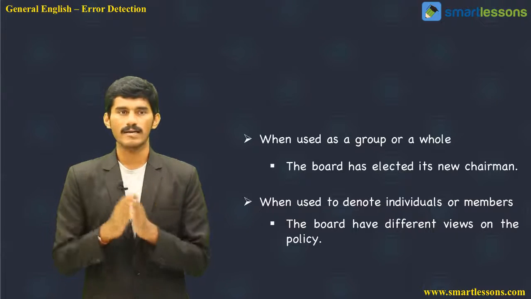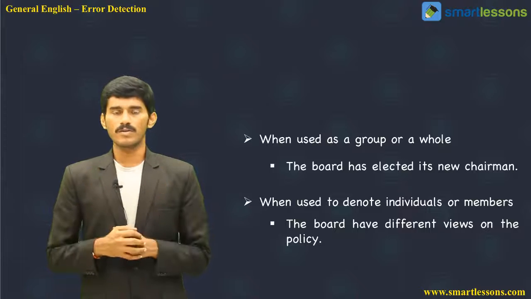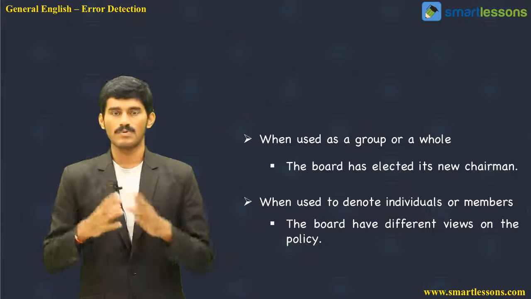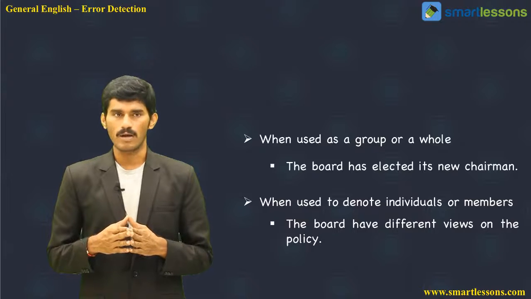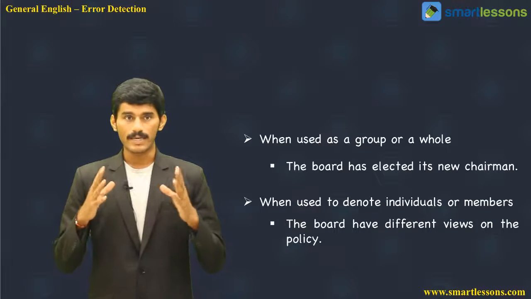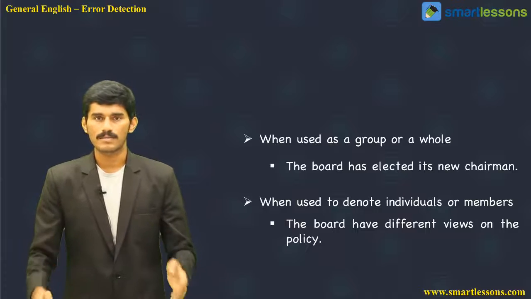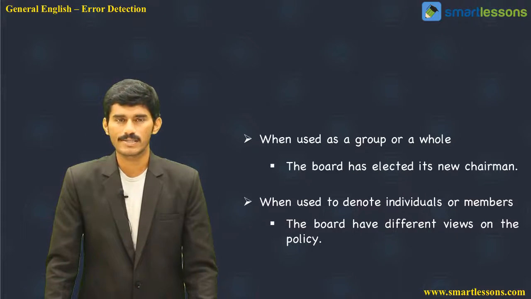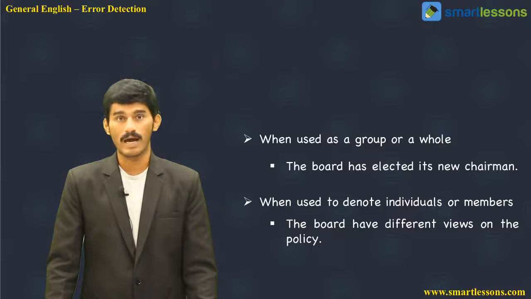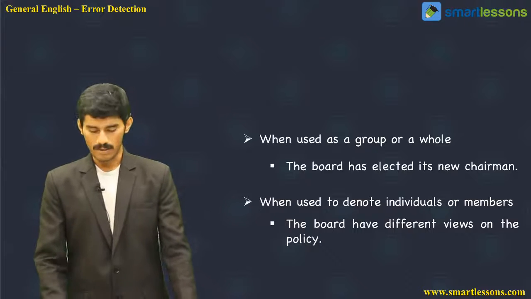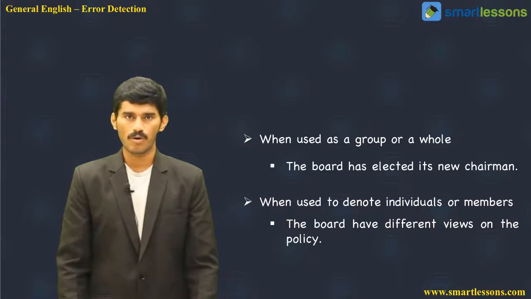You are taking it as singular now. But when used to denote individuals or members of the group, you have to use a plural verb. You have to take it as plural. The board have different views on the policy. The board means here the members of the board have different views on the policy. So I hope you got the point.